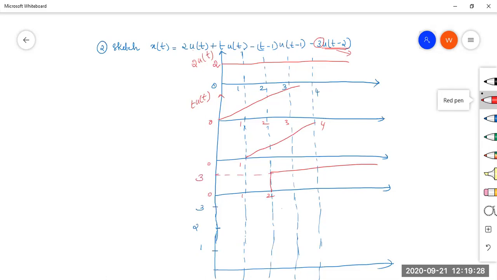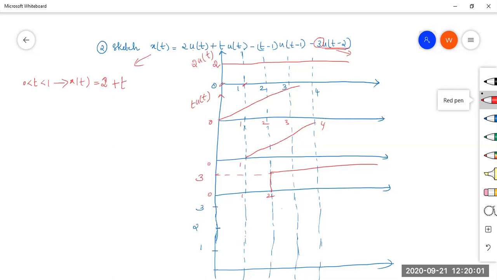Now we will see what is the value of x of t. Now we'll see the first interval, 0 less than t less than 1. In 0 less than t less than 1, the magnitude of the first signal, 2 into u of t, is 2, plus the second signal is varying linearly, so you can write t.